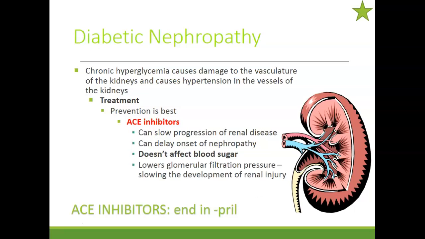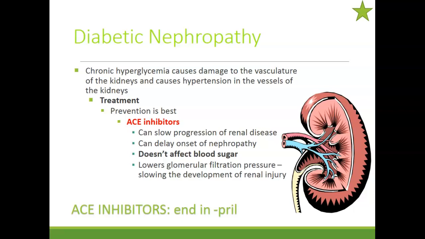Again, another slide that is talking about kidneys. So please understand that kidneys are an important thing to watch when it comes to our diabetics. Chronic hyperglycemia will cause damage to the vasculature of the kidneys and cause hypertension in the vessels of the kidneys. The way that you want to help relieve some of that hypertension, one, obviously, is prevention, well, management of your glucose levels.